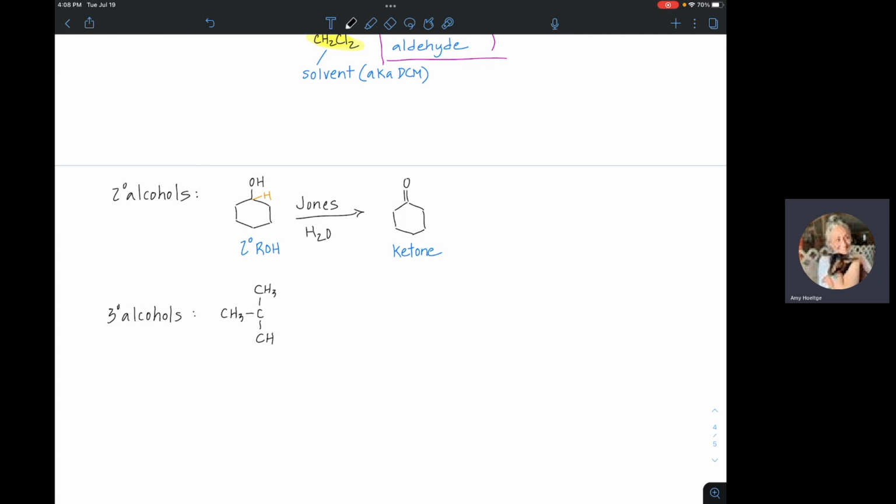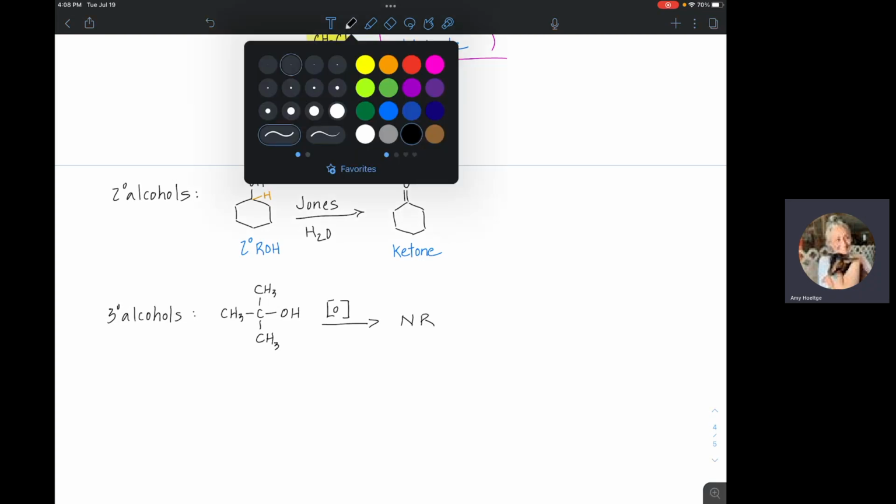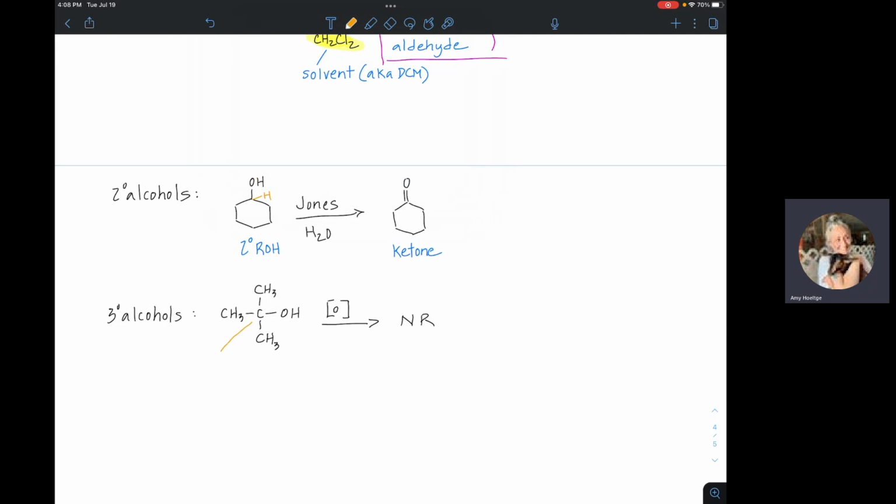Notice how there's no hydrogen attached to that carbon. So if you see this symbol, that means somebody is generically telling you they want to oxidize something. No reaction, because you are missing that hydrogen, and it is required in the mechanism, we believe. But according to data, tertiary alcohols do not undergo oxidation reactions.